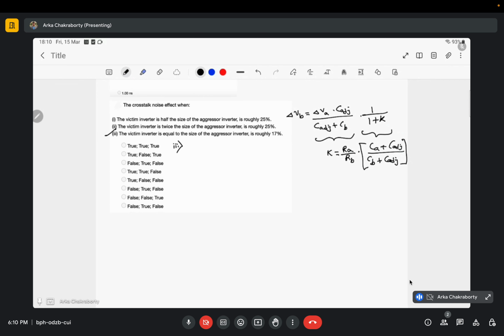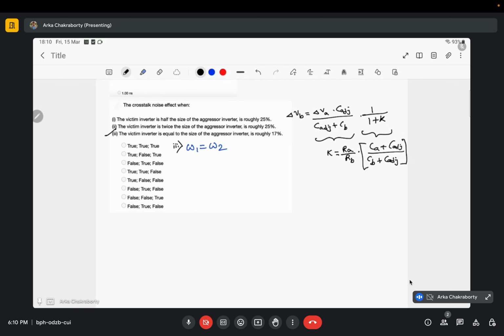Now, in case 3, it has been mentioned that the victim inverter is equal to the size of the aggressor inverter. So their strengths are equal, W1 is equal to W2.